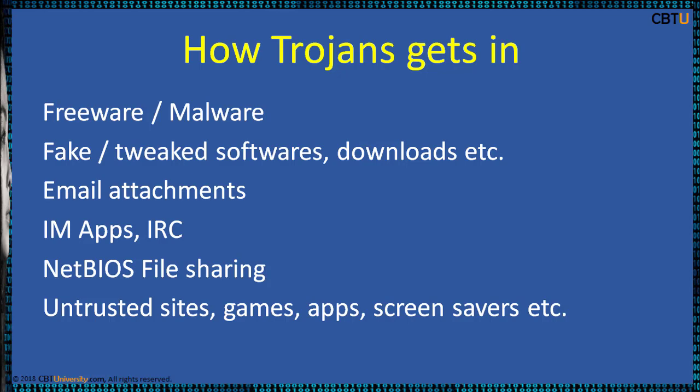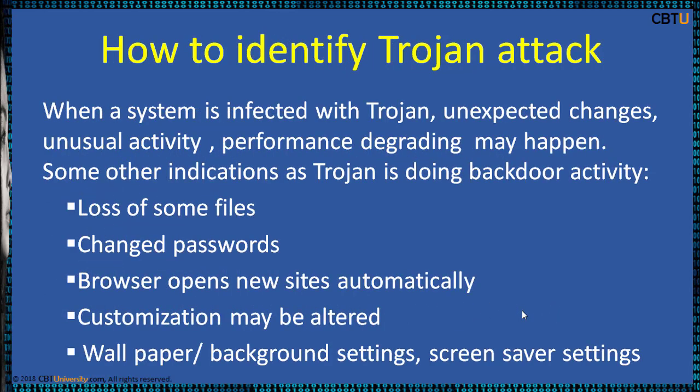Trojans do not propagate themselves and they must be installed remotely or mimic the user to install them. Trojans can get into a system by any of these means. Hackers play intelligently and try all the means to go unnoticed. However, when a system is infected with a Trojan, unexpected changes, unusual activity, and performance degradation may happen.